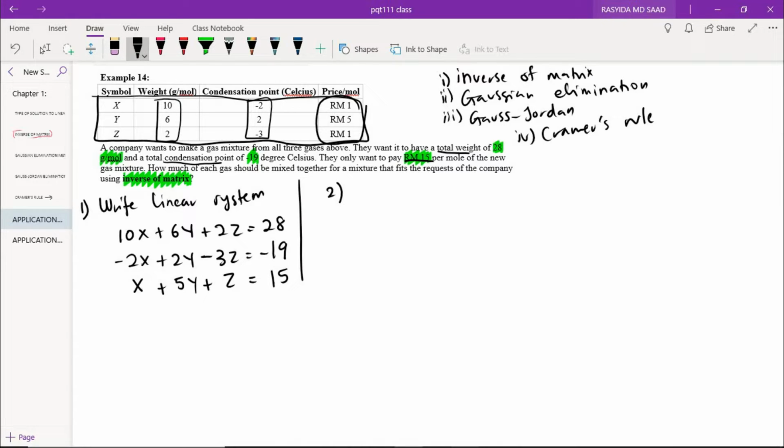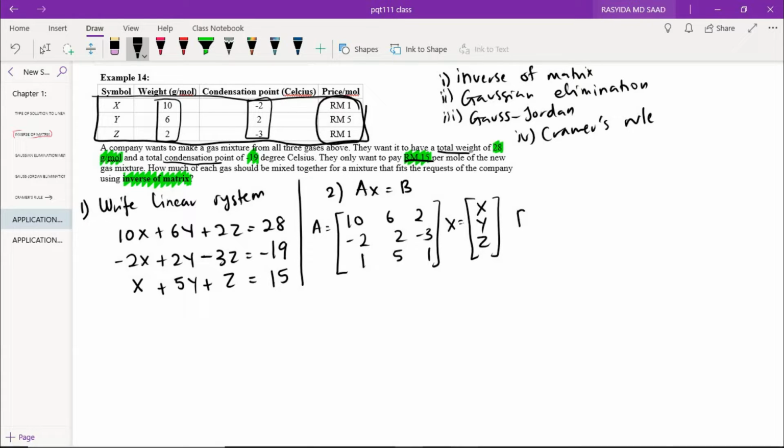Second step, AX equal to B. From here, matrix A is equal to 10, 6, 2, negative 2, 2, negative 3, 1, 5, 1. Matrix X is equal to x, y, and z. B is equal to 28, negative 19, and 15.